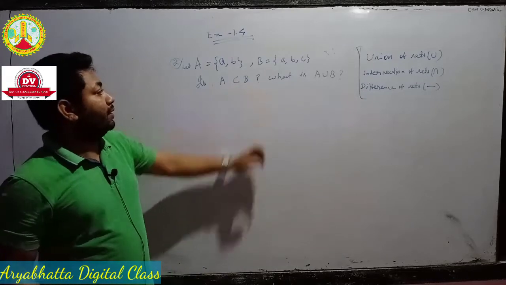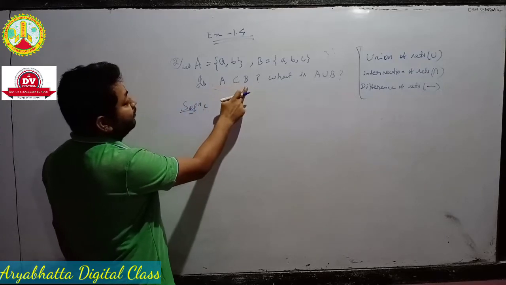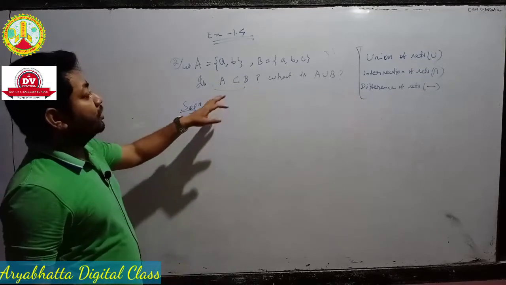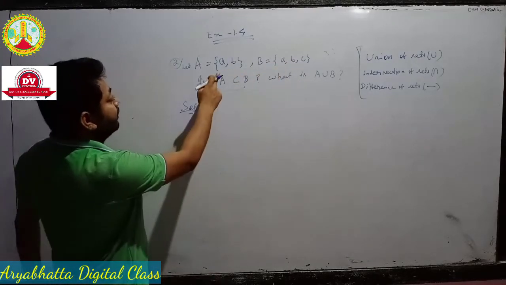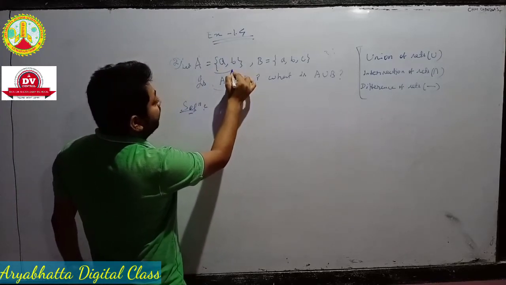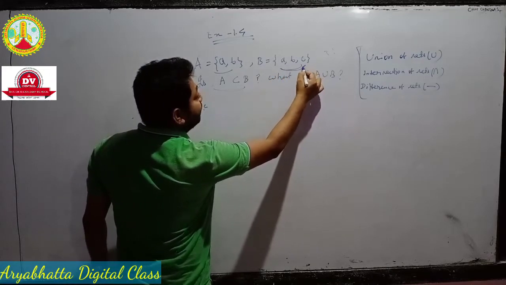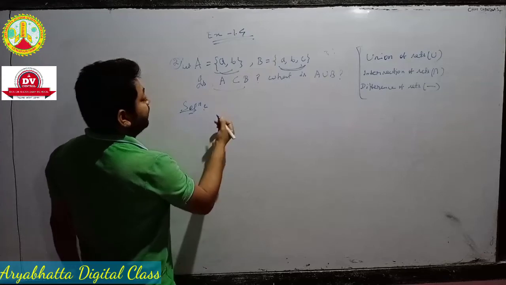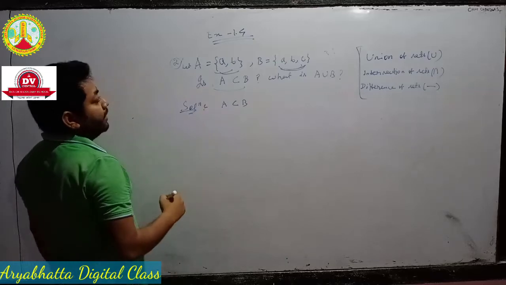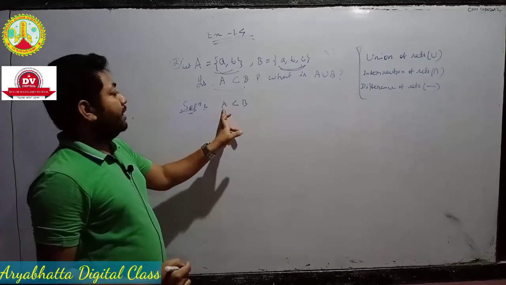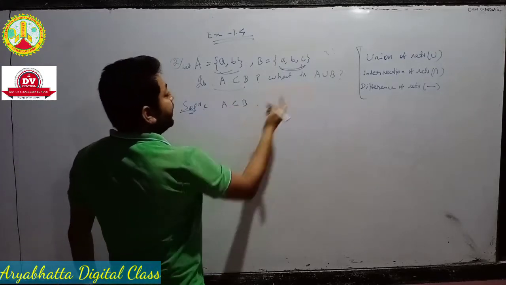Is A a subset of B? Solution. We know that A is a subset of B if every element of set A is also an element of set B, but every element of set B is not an element of set A. Here, the elements of set A are also elements of set B, but not every element of set B is an element of set A. Therefore, A is a subset of B. Yes, we can write A is a proper subset of B.